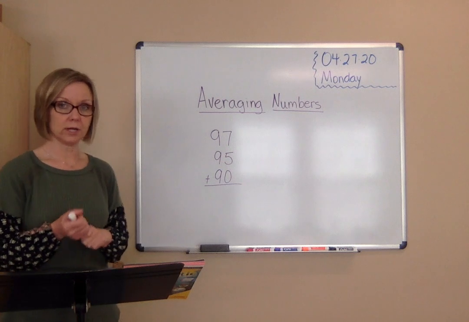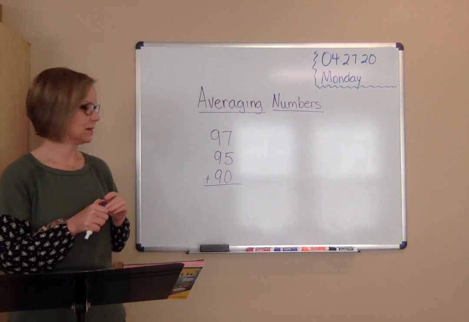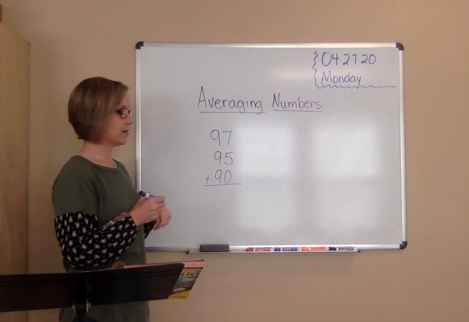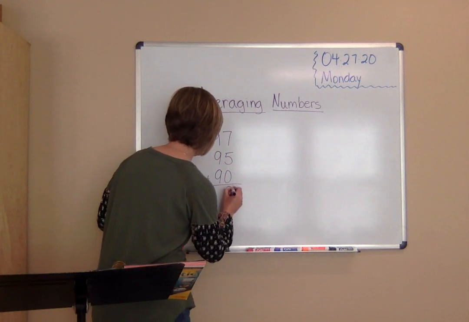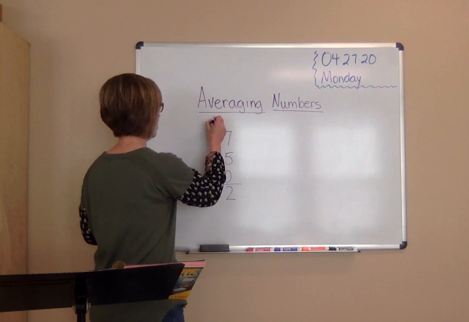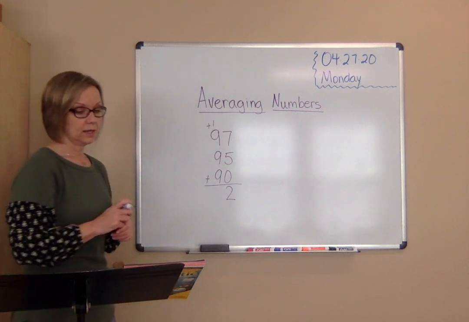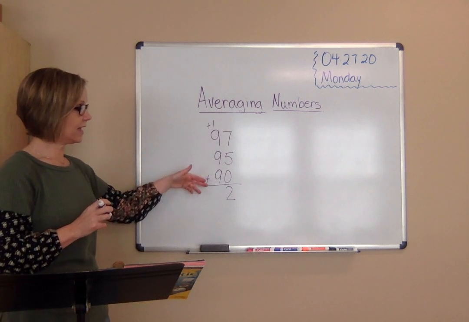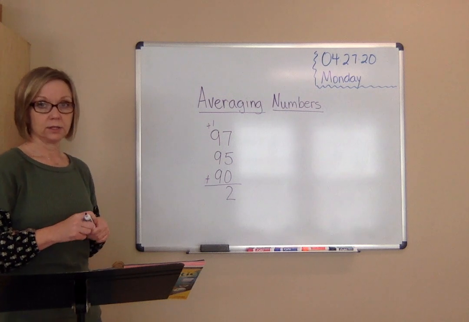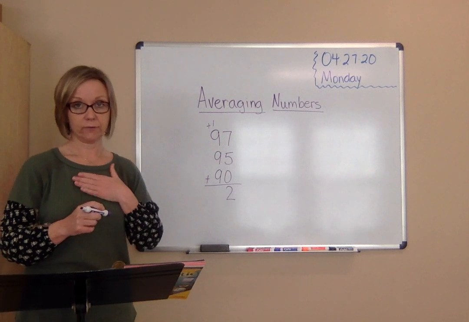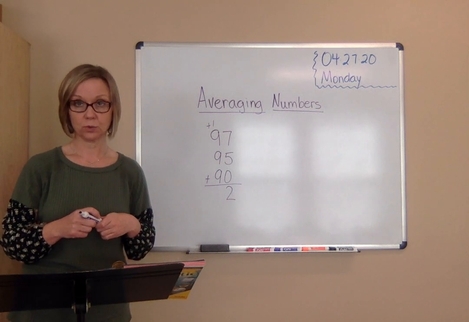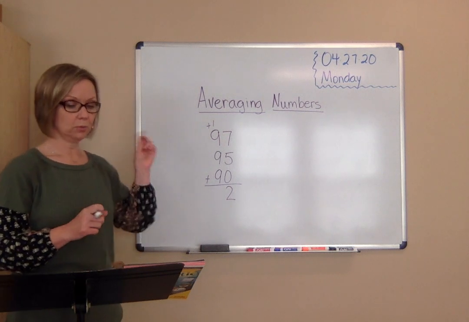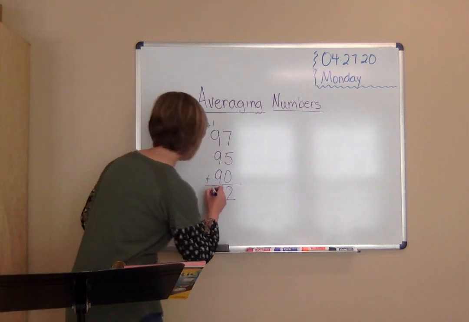So let's do the work here quickly. I think you guys get this concept. All right, 7 plus 5 equals 12. 12 plus 0 is still 12. 2, 1 goes up. Now, I have 3 9s here. So I would like to say, for me, I would like to say 3 times 9 equals what? 27 plus 1 equals 28.